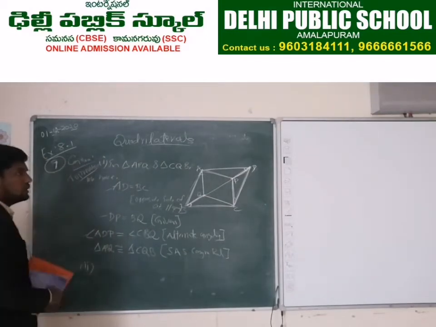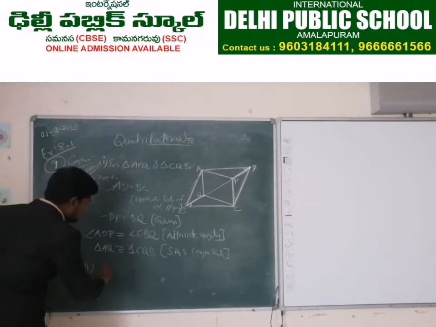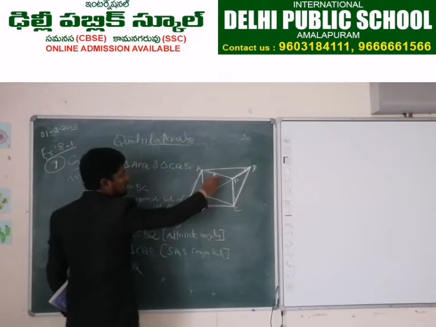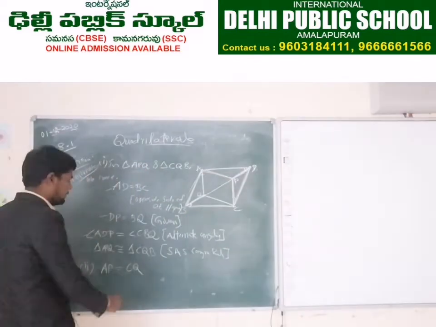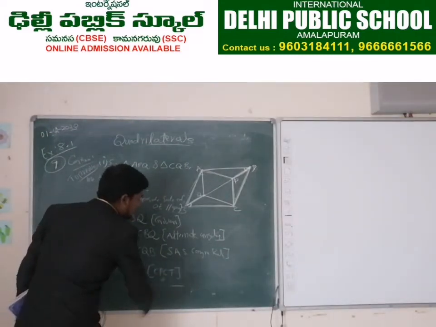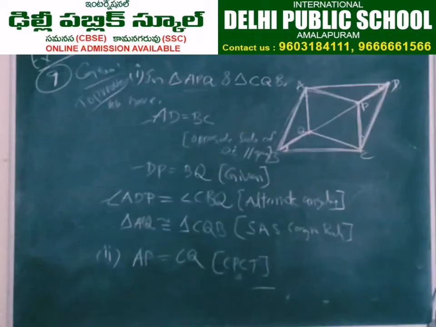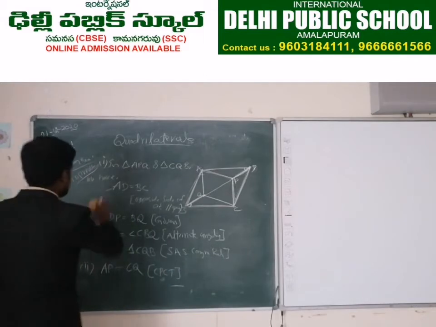Next is what they have asked us: AP is equal to CQ. Already we have proved in these two triangles, only one part is missing, that is CPCT. Both are equal, by CPCT. Clear? Right? So in that, first, second we have completed.